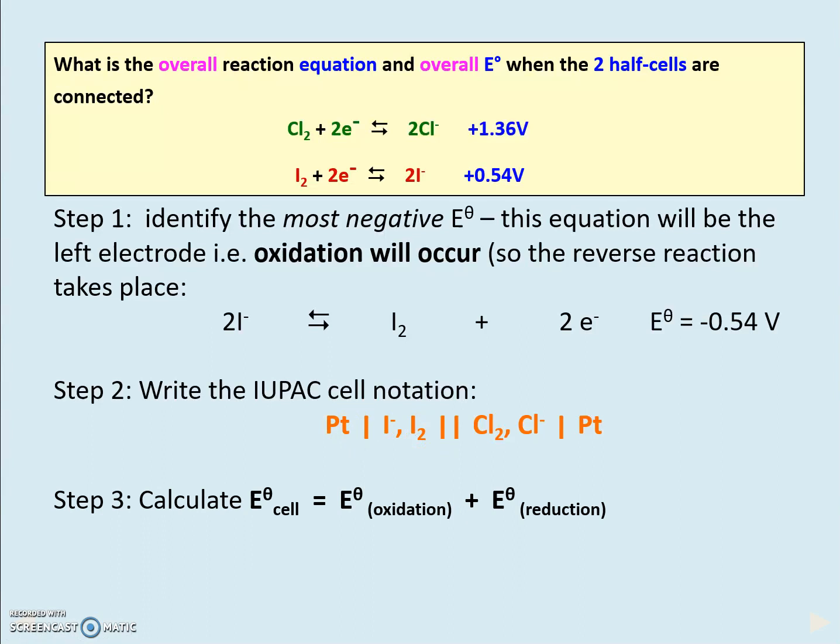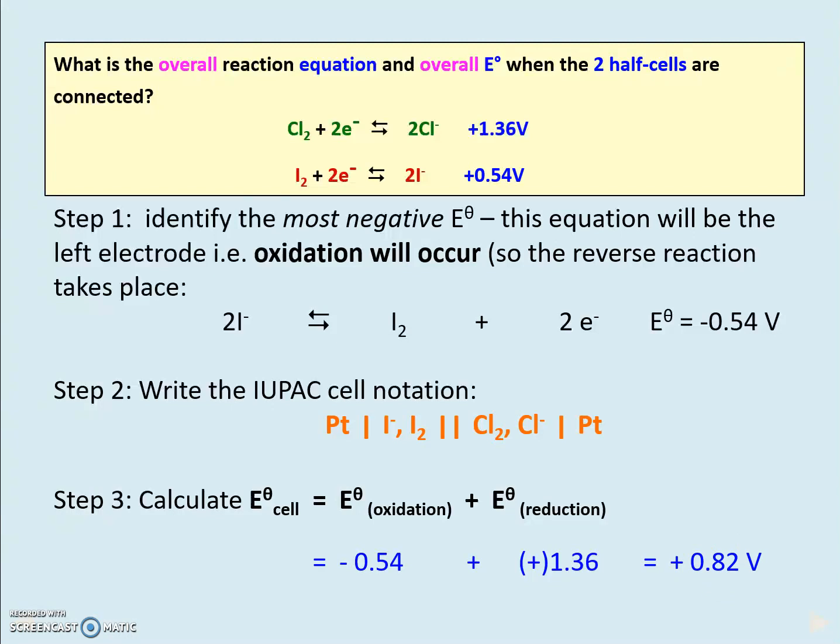And then we need to calculate the E cell, where we've got the electrode potential of oxidation plus the electrode potential of the reduction. So that is -0.54 plus the positive 1.36 gives us a value of +0.82 volts. Okay, so that would be the expected EMF of that cell under standard conditions.